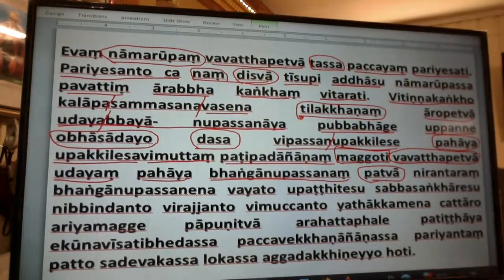This is Bhaṅgañāṇa, isn't it? The Bhaṅgañāṇa level means understanding the disappearing clearly. Every single moment of every Nāmarūpa is disappearing, clearly seen with your wisdom.